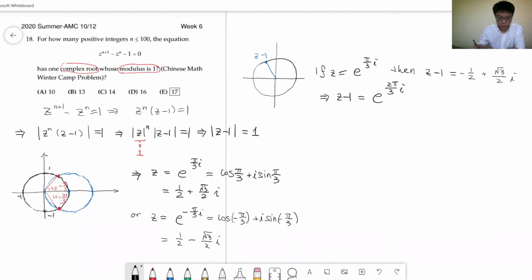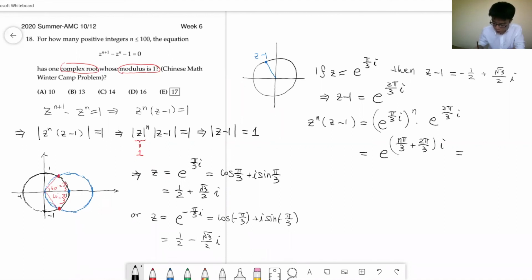Right, now let's come to z^n times (z minus 1). This becomes exponential pi over 3 i to the nth power times exponential 2 pi over 3 i. This can be combined as exponential of (n pi over 3 plus 2 pi over 3) i.